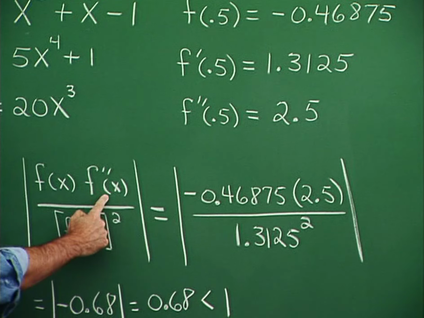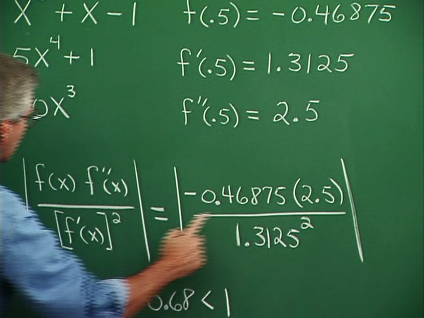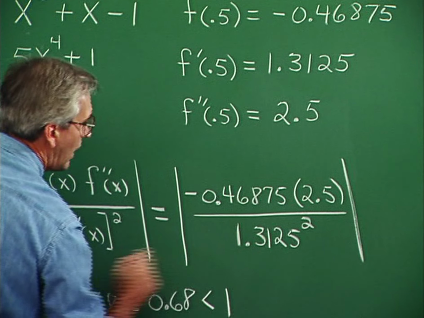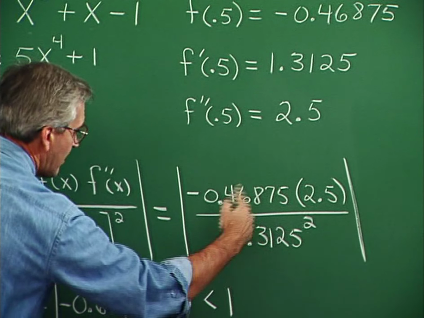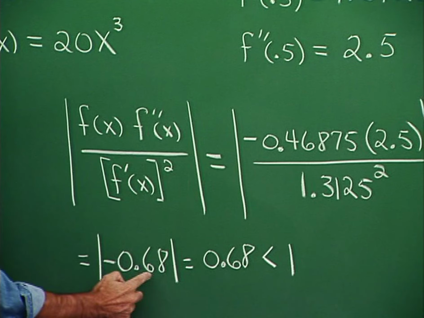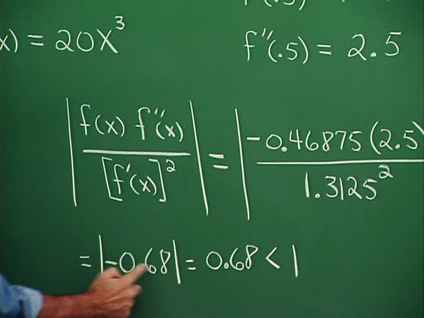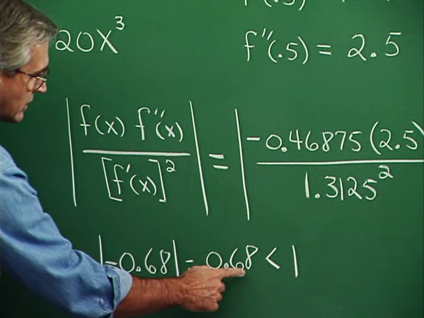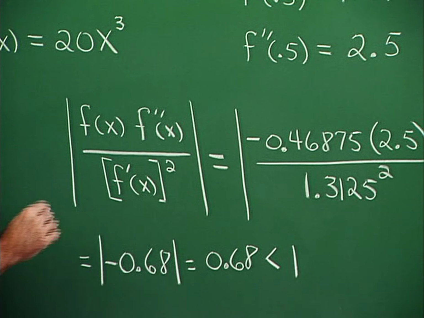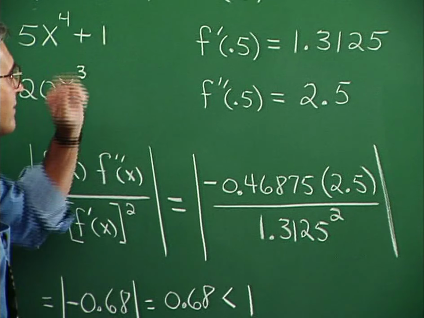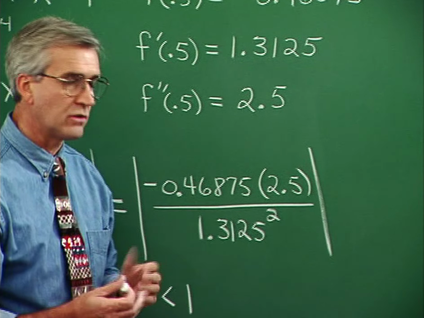And then f double prime of 0.5 is 2.5, and f prime of 0.5 is this value, and it's squared in the denominator. Then we perform the indicated operations. We get negative 0.68 within the absolute value symbol. Well, that's 68 hundredths, and 68 hundredths is certainly less than 1, and therefore Newton's method is going to work using 0.5 as the first approximation for x.